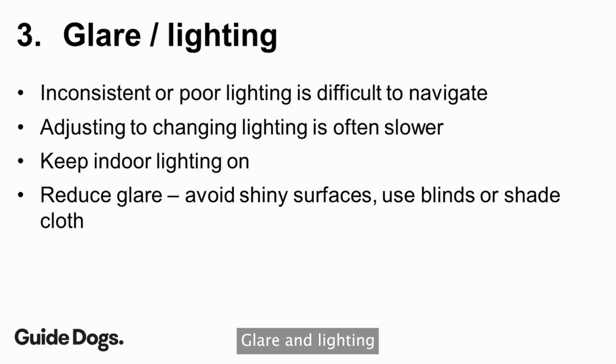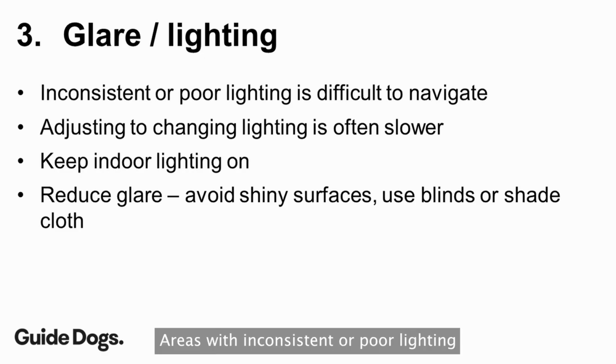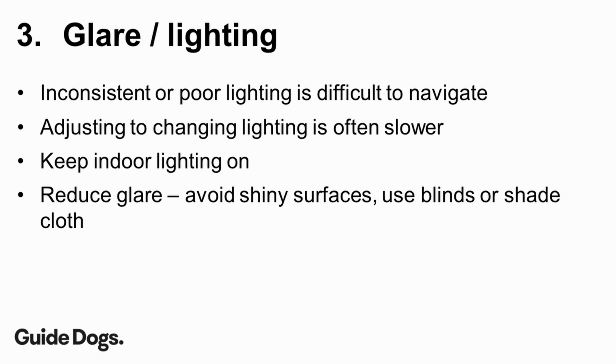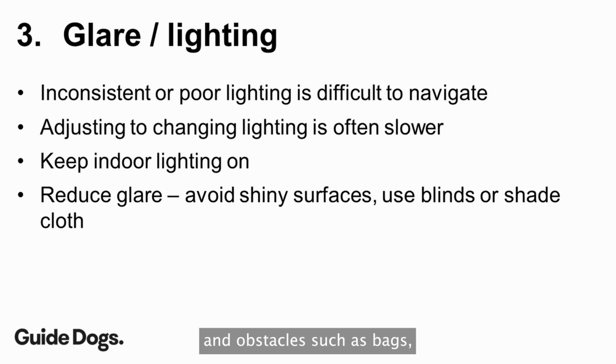Glare and lighting. Areas with inconsistent or poor lighting can be difficult to negotiate, and obstacles such as bags, steps, bins, people and poles can go undetected. Adjusting to vision fluctuations due to changing lighting conditions, that is when moving from inside to outside, is often slower for someone with a vision impairment.